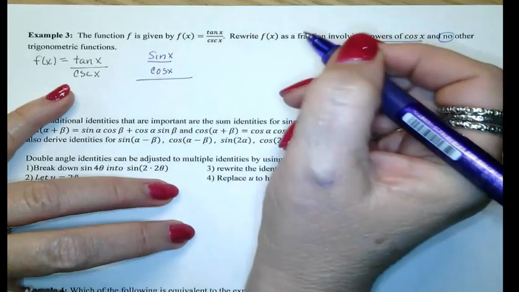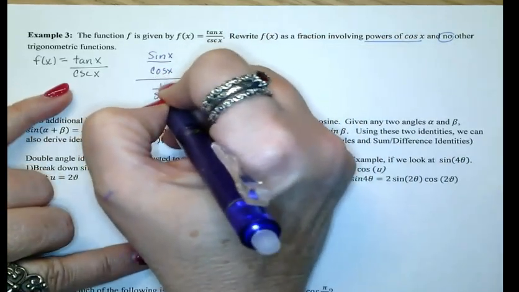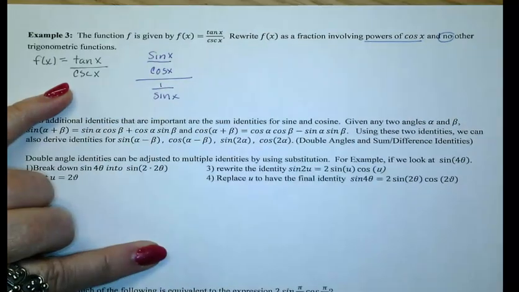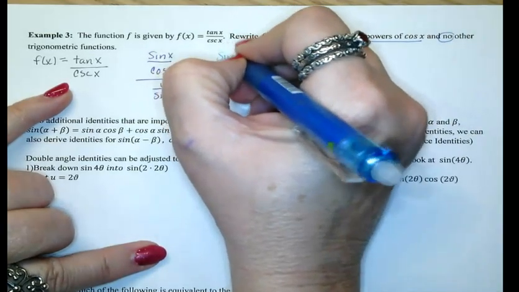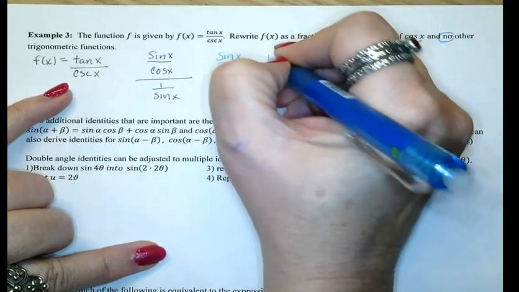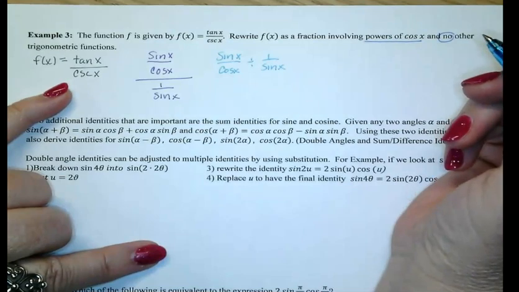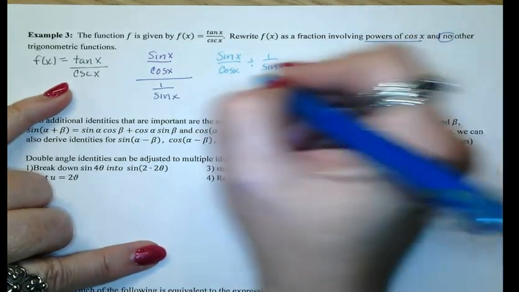And I'm dividing that by the reciprocal of cosecant x, which is 1 over sine x. And so again, like we said last time, if you don't particularly like it written like that, this is the same thing as sine x over cosine x divided by 1 over sine x. And so what do we do when we divide two fractions? We can multiply by the reciprocal.